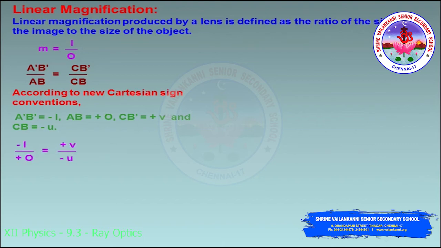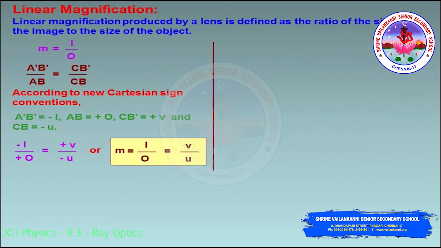So minus I by plus O is equal to plus V by minus U. Or we can write M equal to I by O, which is equal to V by U.